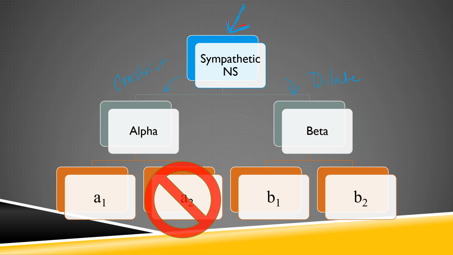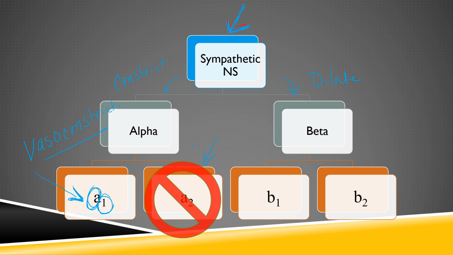So if you have a receptor that is alpha 1, that means you have constriction. So we're talking about the vasculature. In this case, if the alpha 1 receptor is triggered, you have vasoconstriction. So you're going to vasoconstrict. Okay? Now, you get a freebie here. You don't have to worry about alpha 2 ever, so don't worry about it.